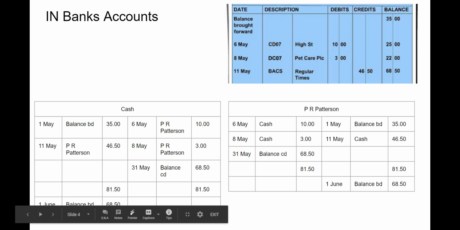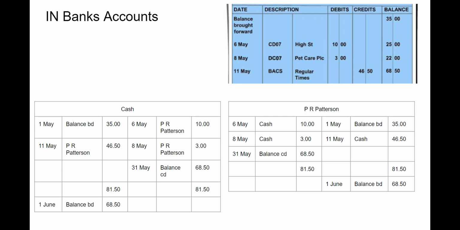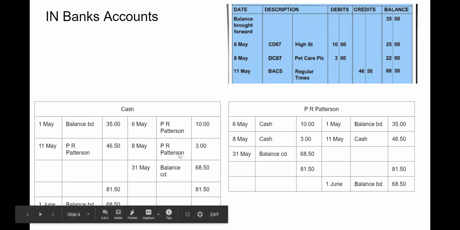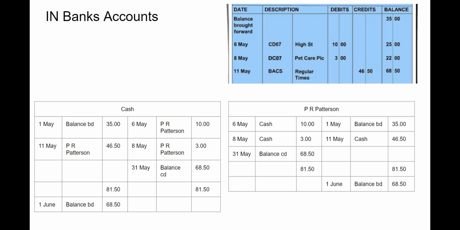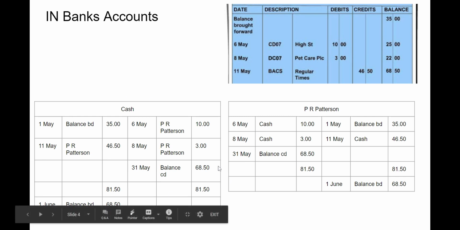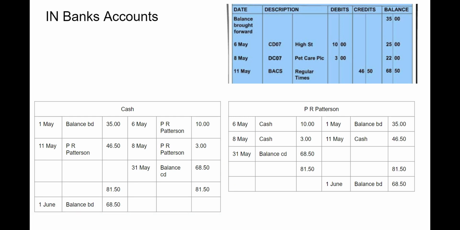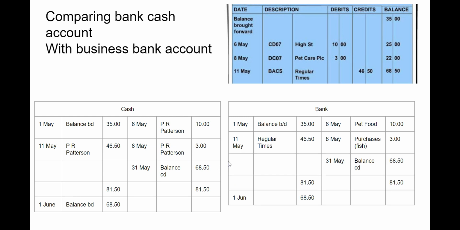Now, in reality, for a bank, they've got thousands of customers all putting cash in or taking cash out, and therefore Patterson's cash going in and out would just be a very small part of the overall cash book. So this is the reason why this is giving the same answer, just because for simplicity, I've assumed that we've got one customer in this bank and it does nothing else with its cash.